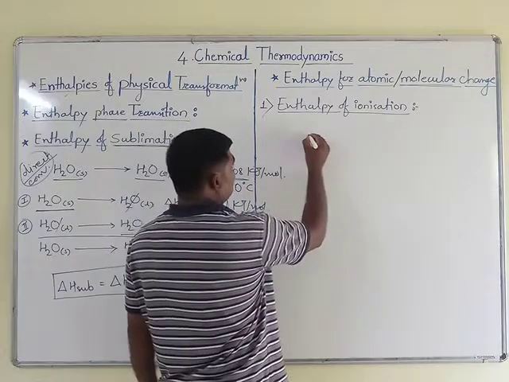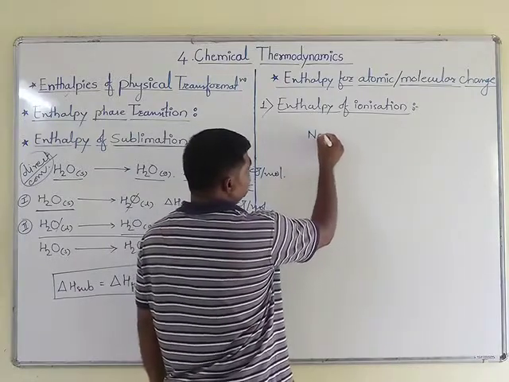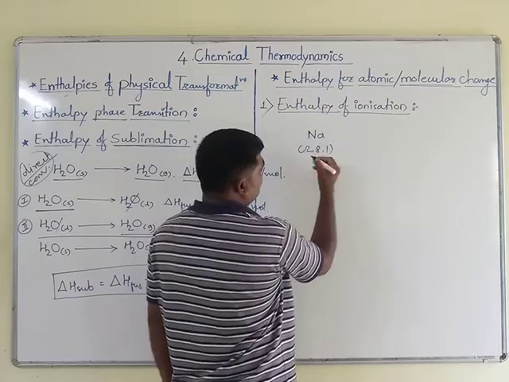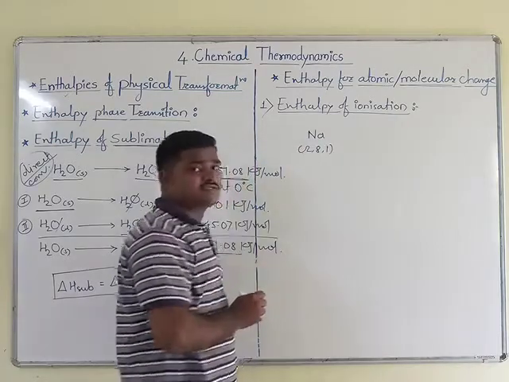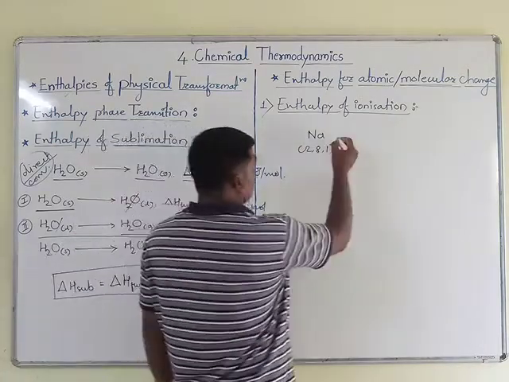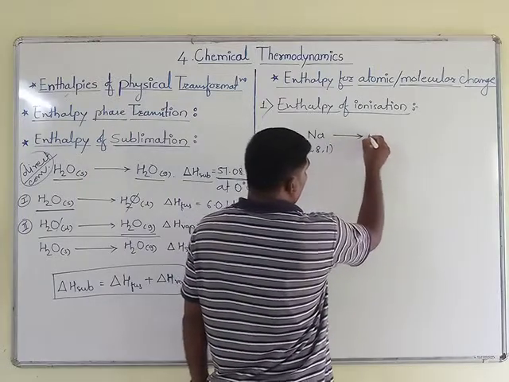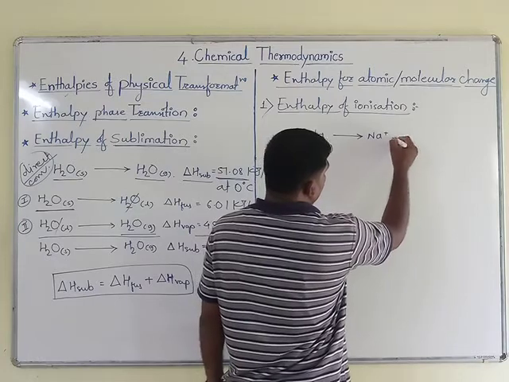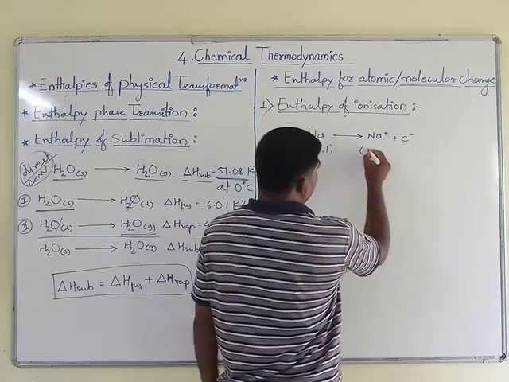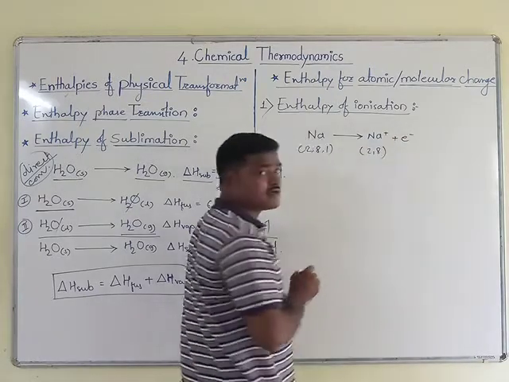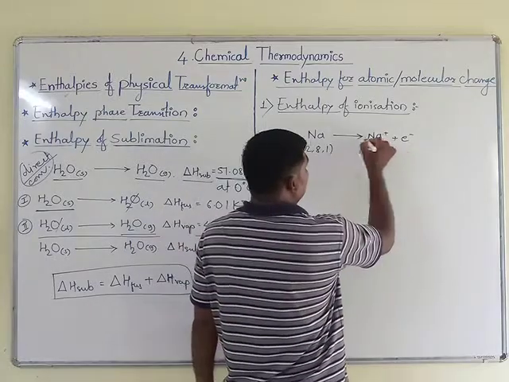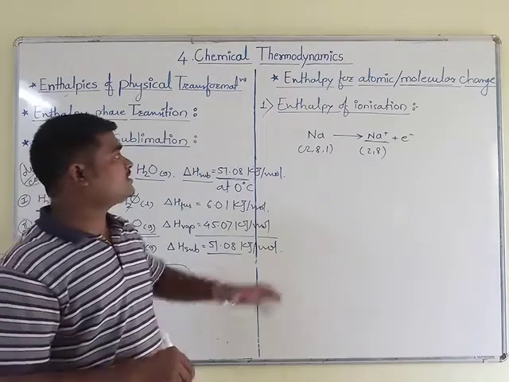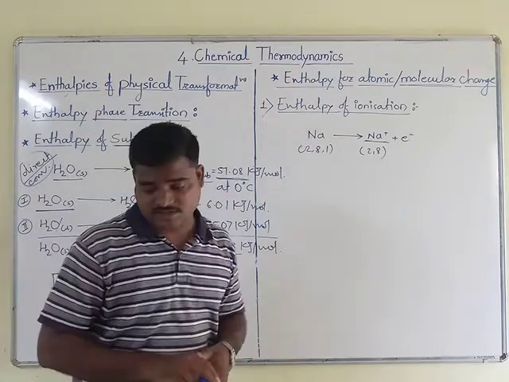For simplicity, we will consider sodium. Its electronic configuration is 2, 8, 1. In this case, it has no charge. But when one electron is removed from this sodium, its electronic configuration becomes 2, 8, 0. This means the sodium gets ionized. This is the ionization process.